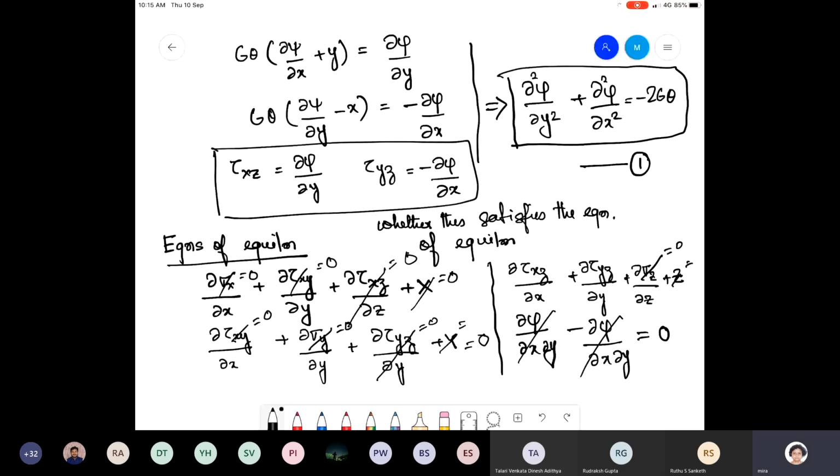Fine? Ma'am, in the last class we found that tau xz was equal to G theta into d psi by dx minus y. We used minus y, is it? And the next one was d psi by dy plus x. We have to check that. That is minus y, my mistake. Anyhow, nothing in the derivation is going to change if it is minus or plus. Is anything changing? My bad.